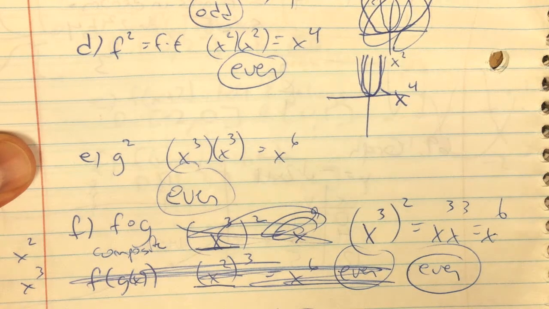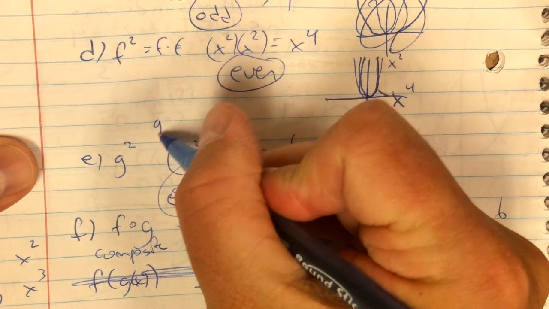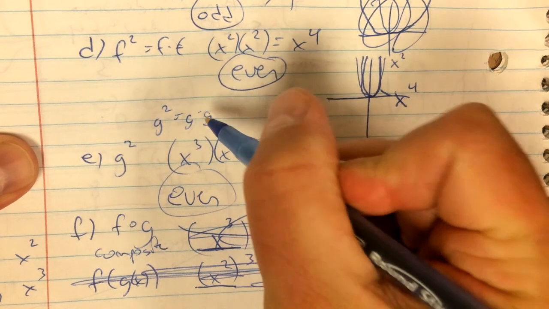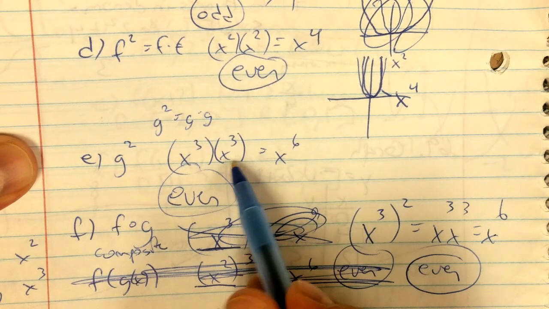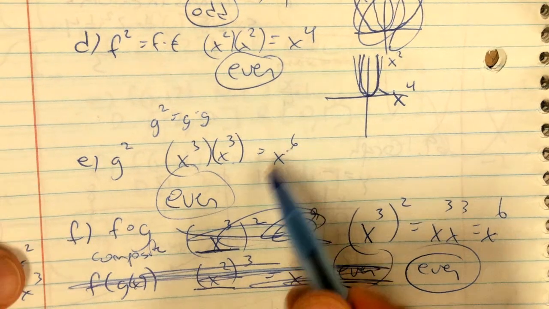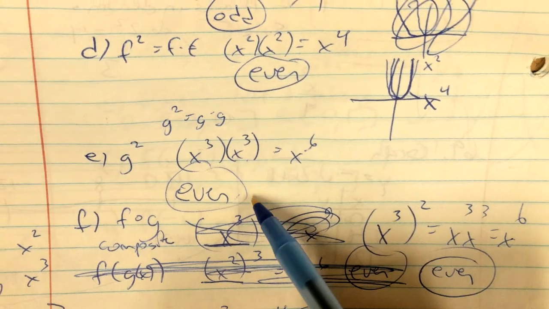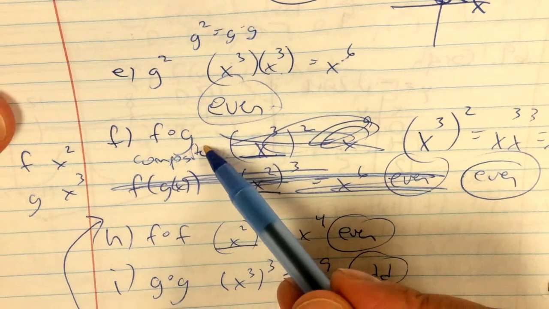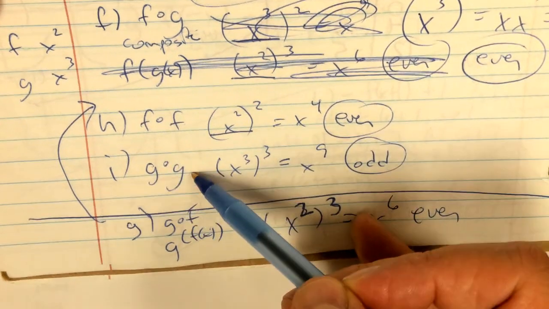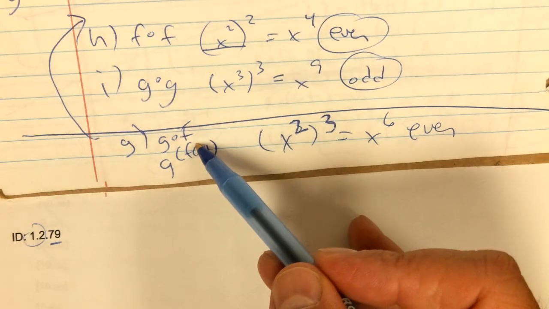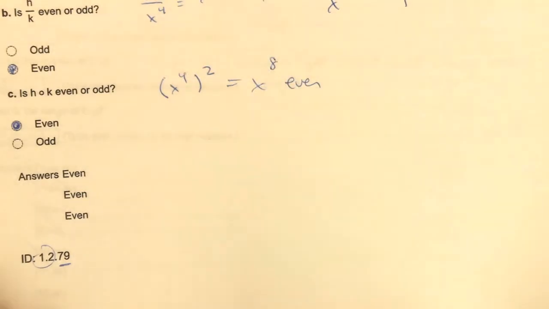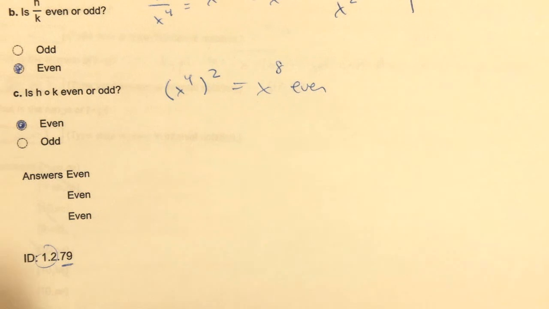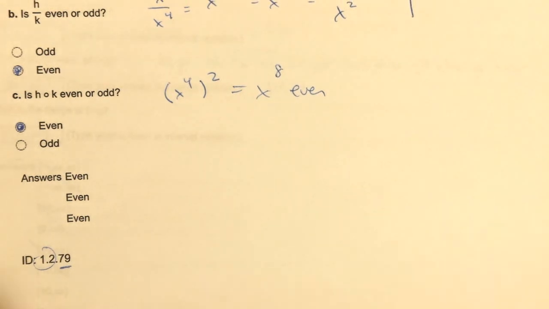Squared, yeah, I did. Okay, because g squared is the same as g times g. So x cubed times x cubed would be x to the 6th, which is even. And then you also had to do f circle g, f circle f, and g circle g, and even g circle f. So anyway, that's why I was surprised that you only have 3 parts. So thank goodness for that, right?